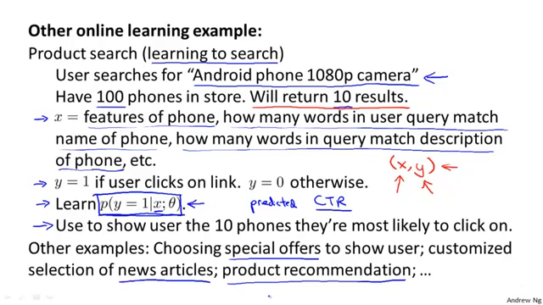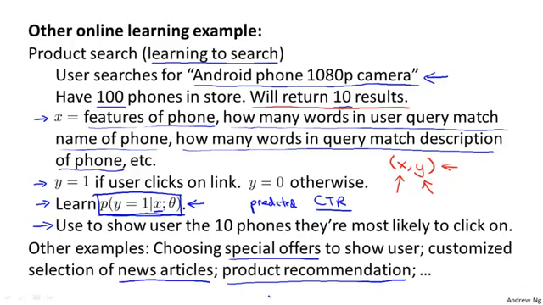So that was the online learning setting, and as we saw, the algorithm that we applied to it is really very similar to the stochastic gradient descent algorithm, only instead of scanning through a fixed training set, we're instead getting one example from the users, learning from that example, then discarding it and moving on. And if you have a continuous stream of data for some application, this sort of algorithm may be well worth considering for your application.